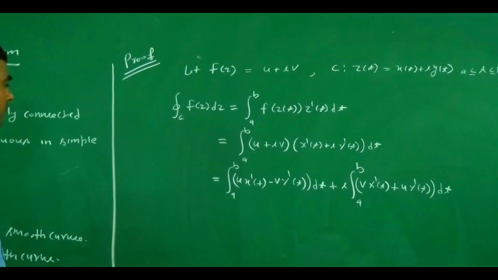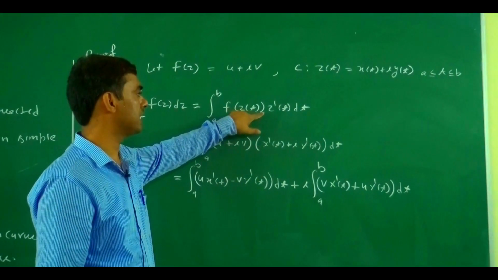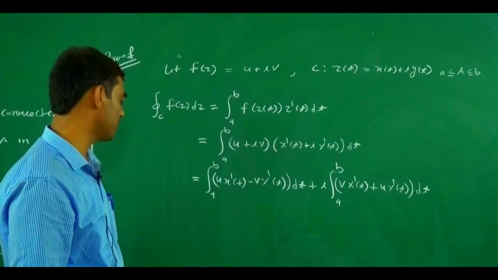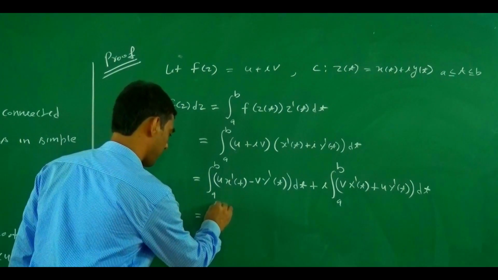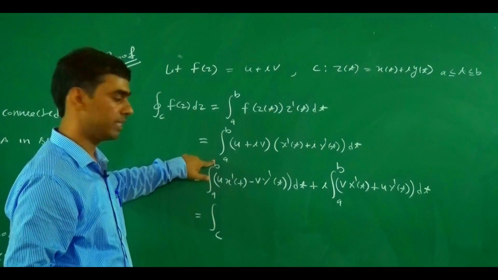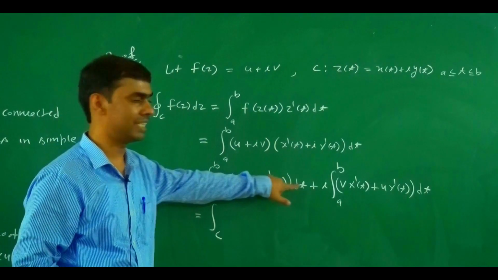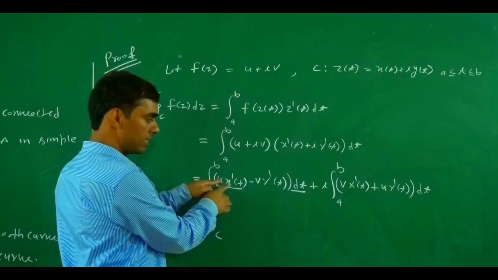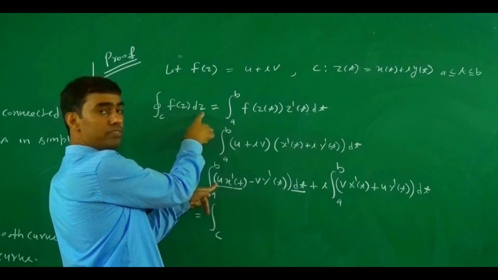Like here, the integral over C of f(z) dz is the integral from a to b of f(z(t)) z'(t) dt. Similarly, here we write the integral over C, because t varies from a to b. u is a function of t, so u(t) x'(t) dt, and f(z(t)) z'(t) becomes f(z) dz.